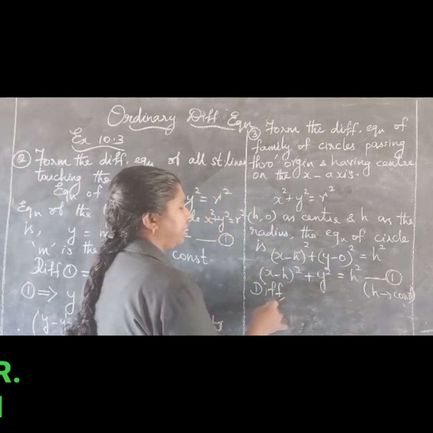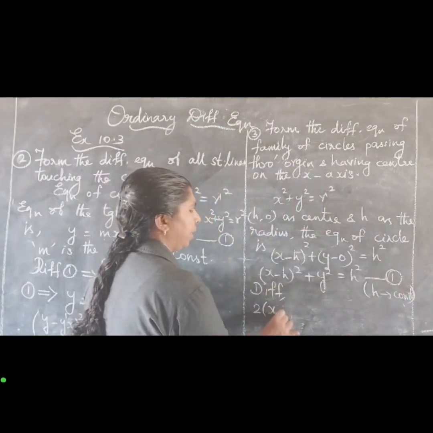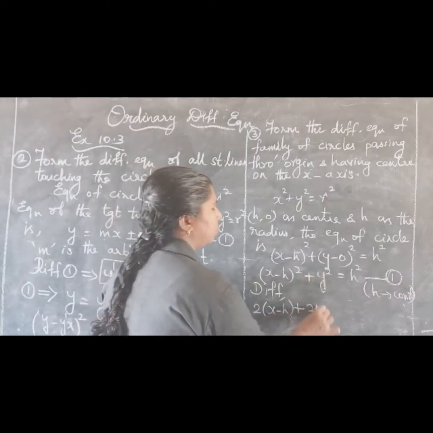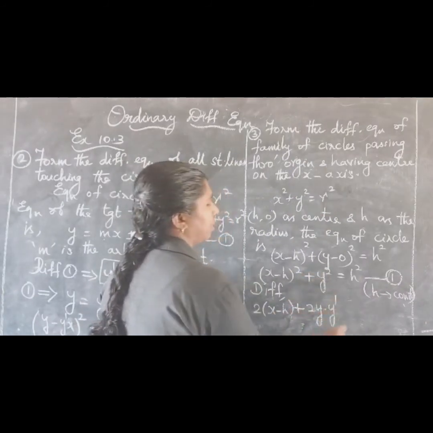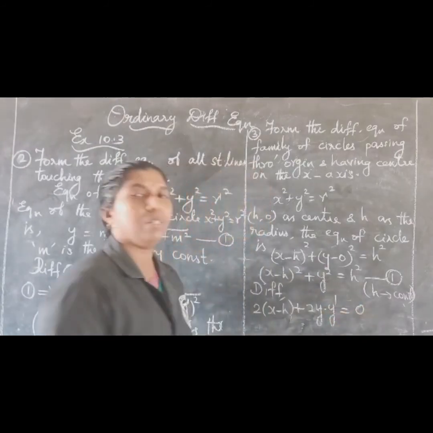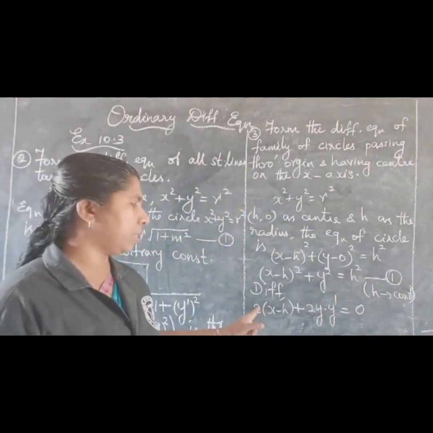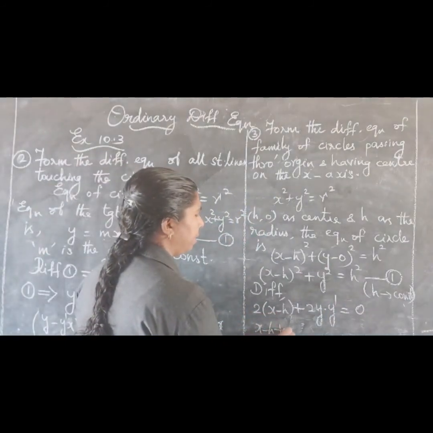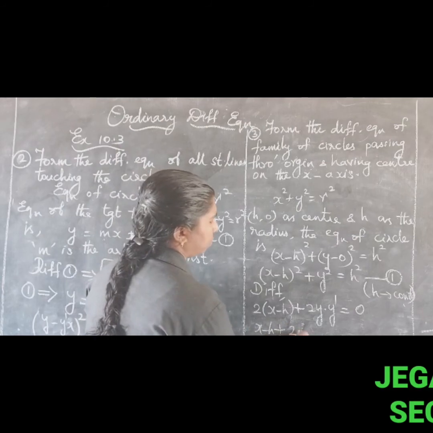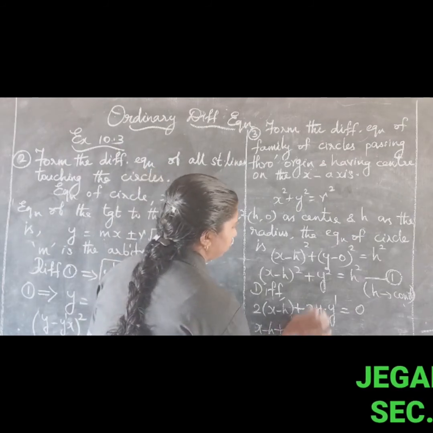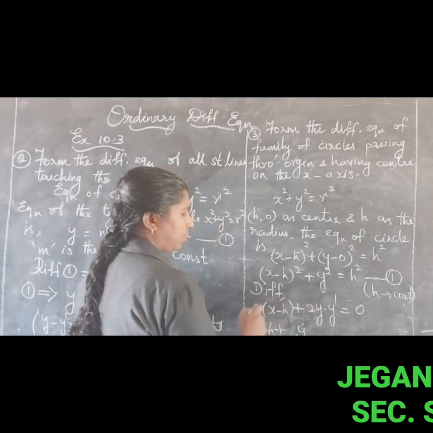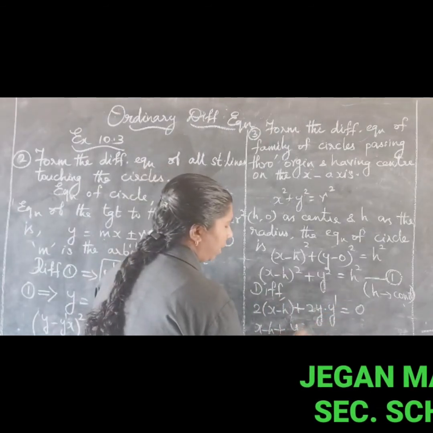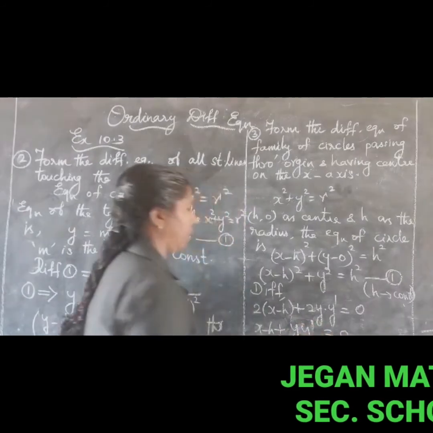When differentiating, 2 into x minus h plus 2y into y dash is equal to 0. Taking 2 as common, we get x minus h plus y y dash equal to 0, and the common 2 is cancelled.